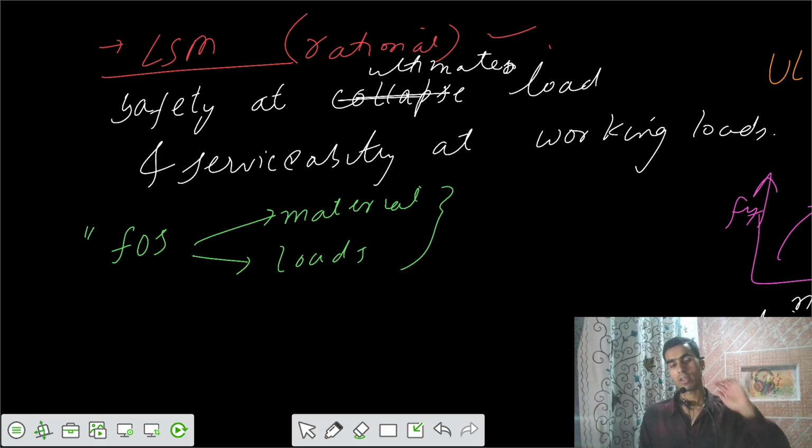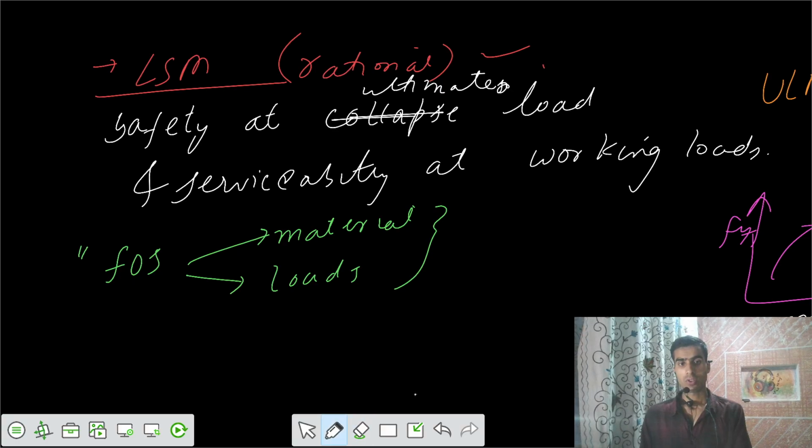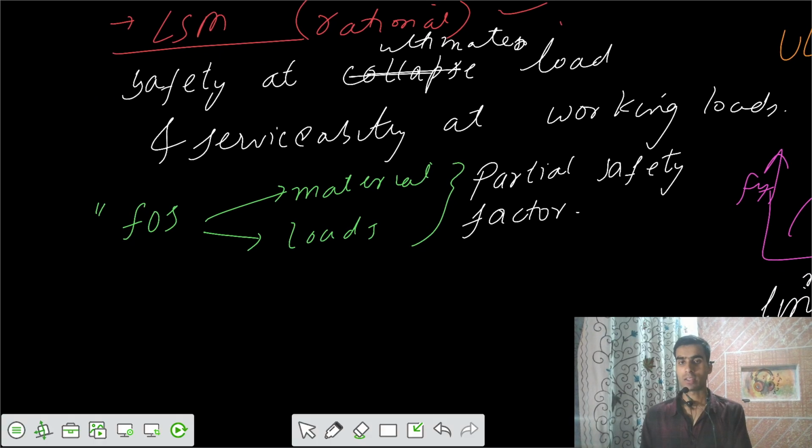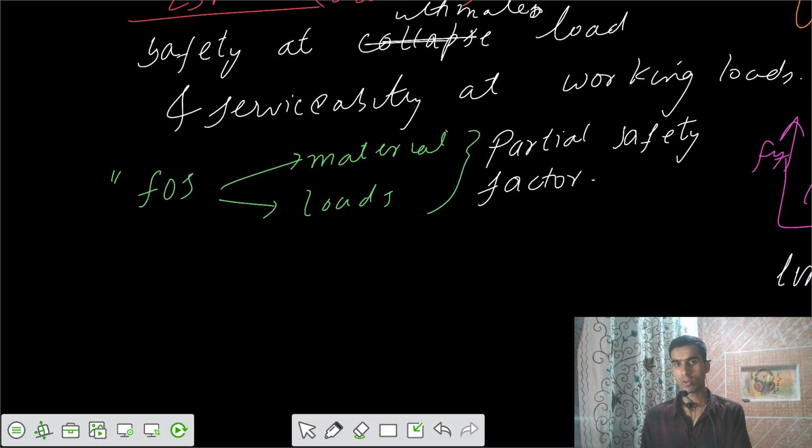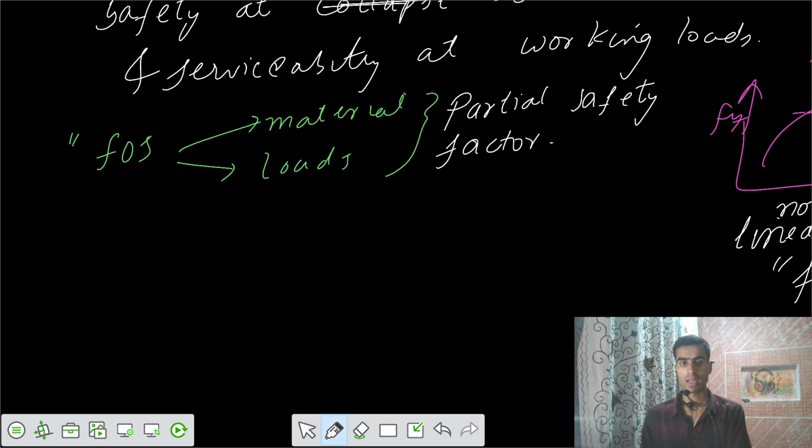So factor of safety for material and factor of safety for loads. We call those factors partial safety factors. Some factors are applied on material and some factors on the loads.